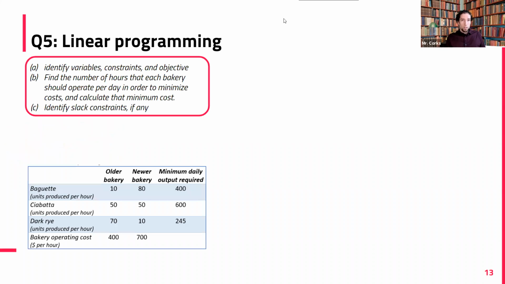Okay, the linear programming ones, these are a little harder. So the setup for these can be trickier. So let's talk about this a little bit here. Linear programming, first step is always identifying variables. So for this problem, bakery, 3 different kinds of bread that they're making, they have this operating cost. What are the variables that work for this problem?